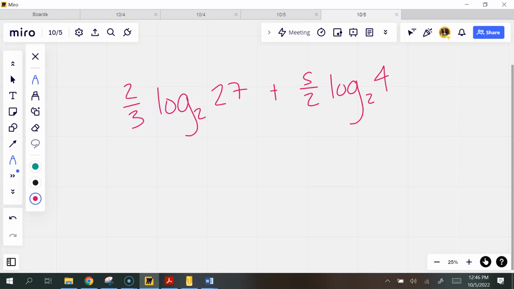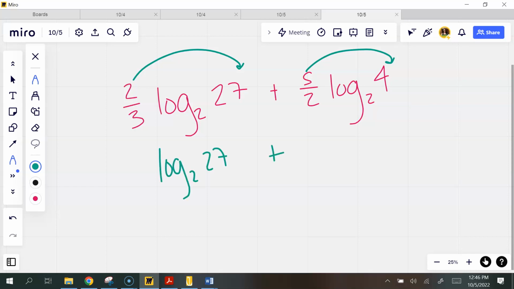Okay. Exponents first. So this is a condensed problem, right? All right, so I have log base 2 of 27 to the 2/3 plus log base 2 of 4 to the 5/2.